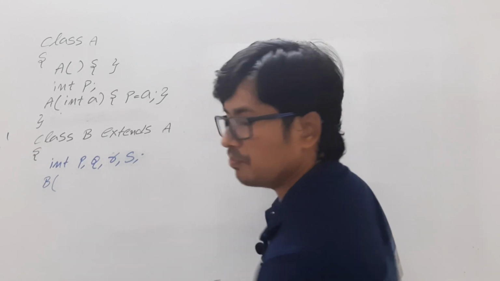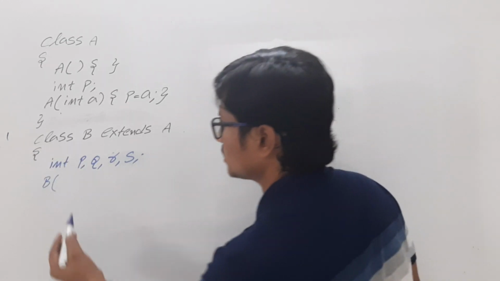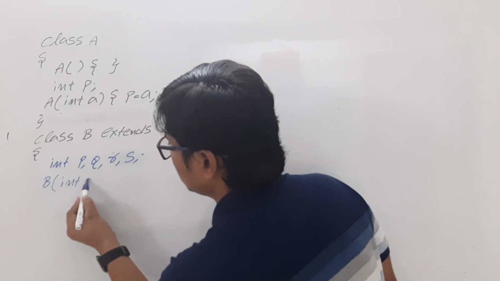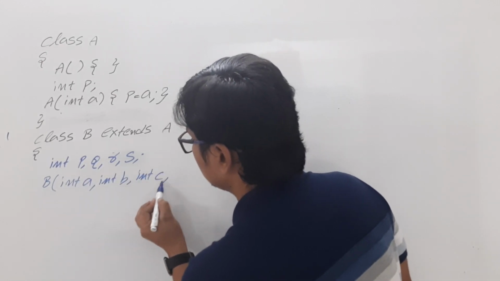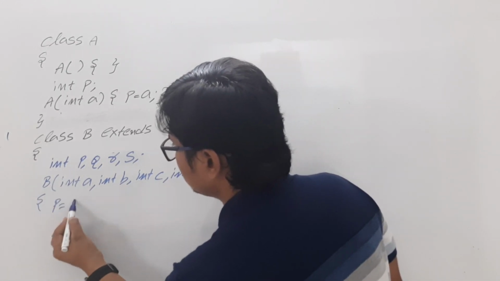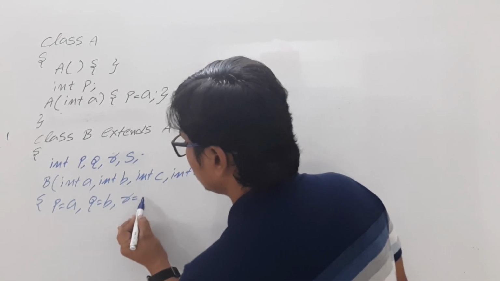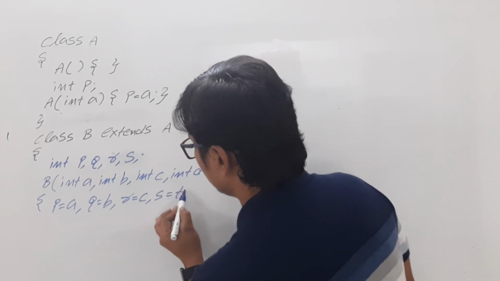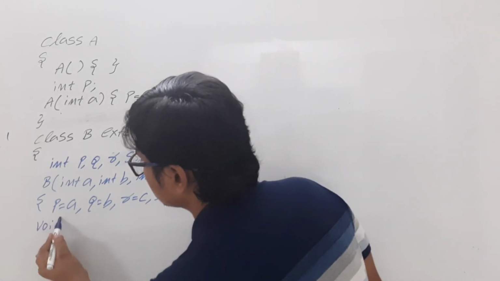You know that B is a method whose name is the same as the class name, so it is a constructor. And I will write int a, comma, int b, comma, int c, comma, int d, and then I will write p is equal to a, q is equal to b, r is equal to c, s is equal to d. Then I will write a method called sum.